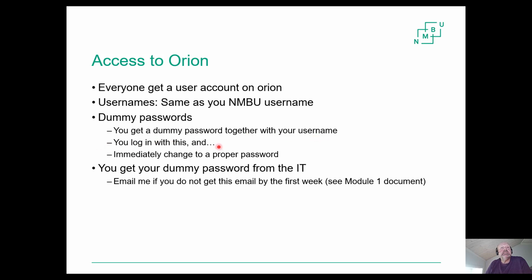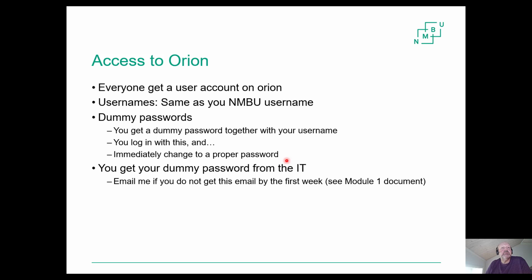You log in with this on Orion, and you immediately change it to a proper password. And this is what we will actually do this first week. Make sure everyone has logged in and changed their Orion password, so we are ready to start using Orion when we come to that.